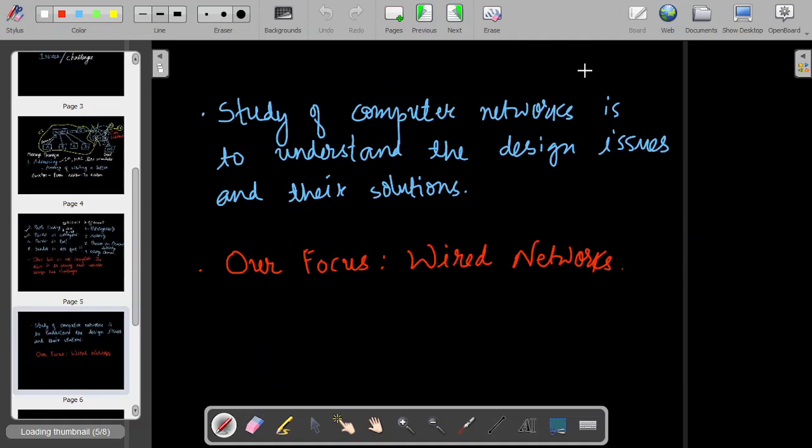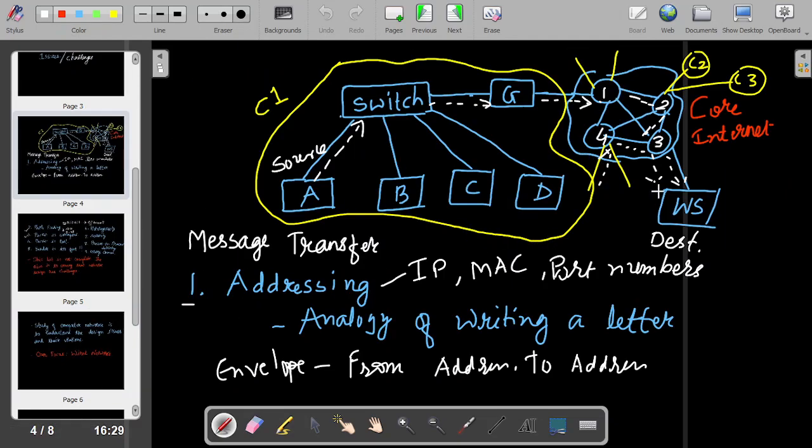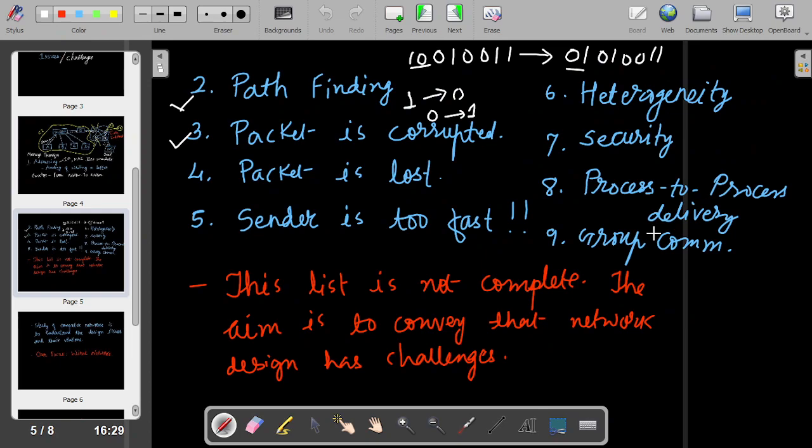Now the question is how the receiver would know that whatever it has received is indeed the same thing that the sender had sent, right? So the receiver has to detect errors. When a packet comes to a machine, it should first check whether this is the same thing the sender has sent.